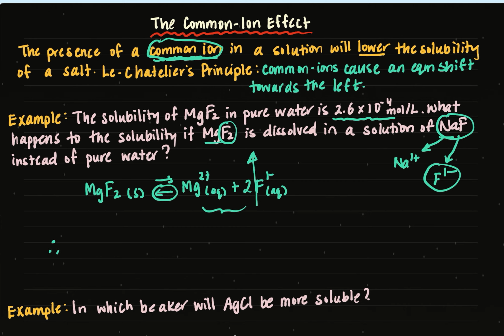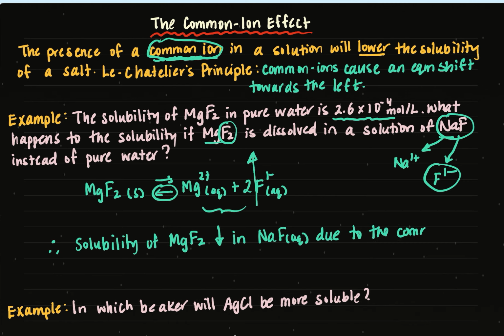Therefore, the solubility of MgF2 will decrease when you try to dissolve it in sodium fluoride solution. The reason is because of the common ion fluoride 1-.